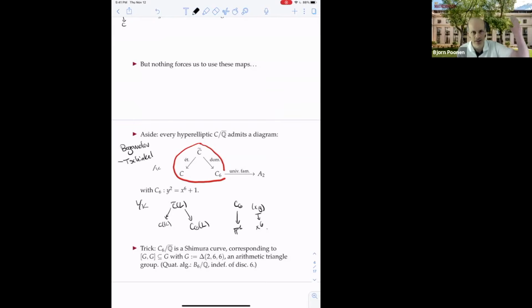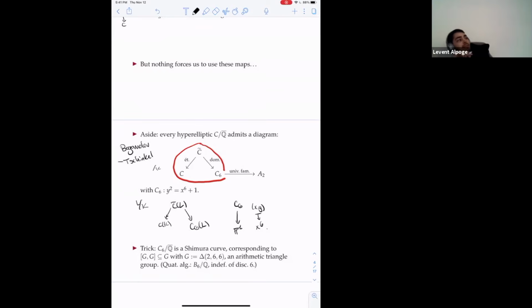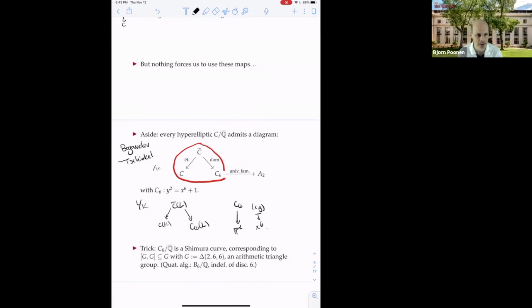If I remember right, it's like a degree 72 cover of your curve. I see. So you're saying by virtue of being hyperelliptic, you have a finite set of points to play with, and they just play with those points. You have y squared equals f of x, and you have the roots of f of x, and they just deal with those points directly. You don't need a Belyi map. You can do this construction even in a family.